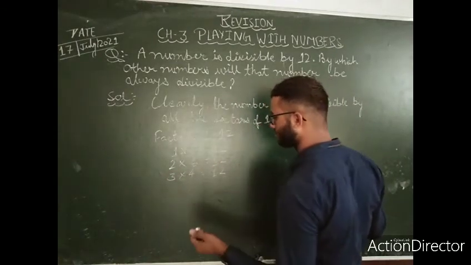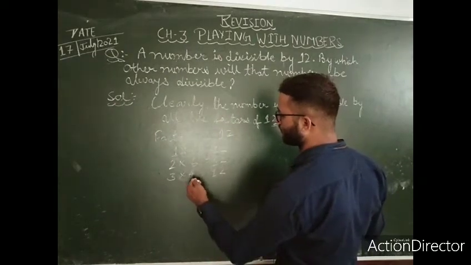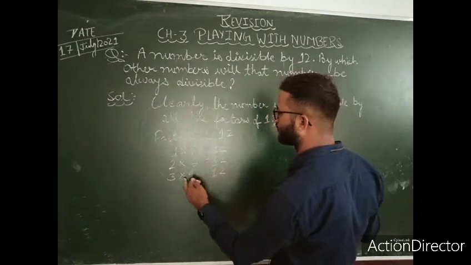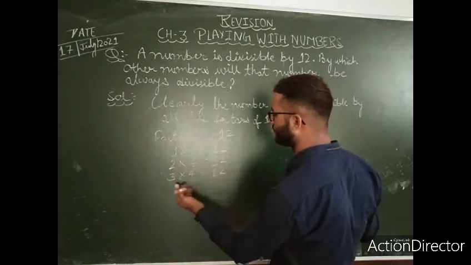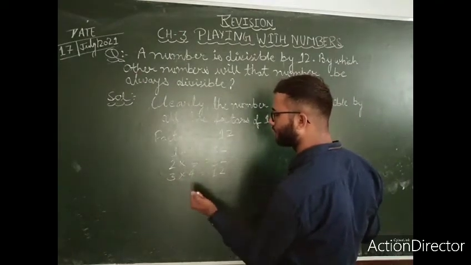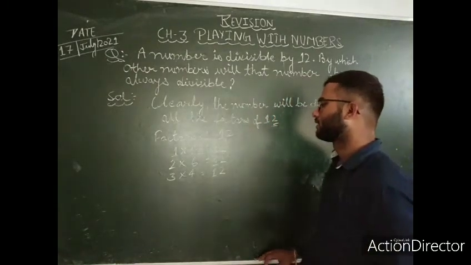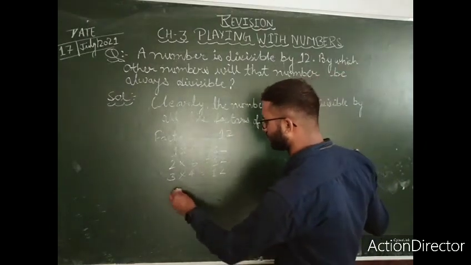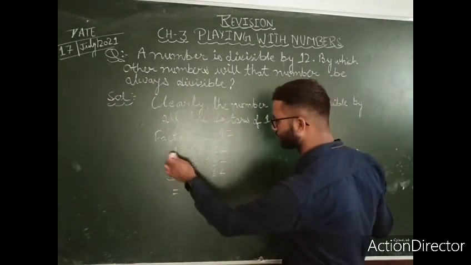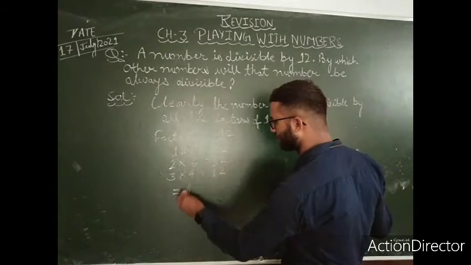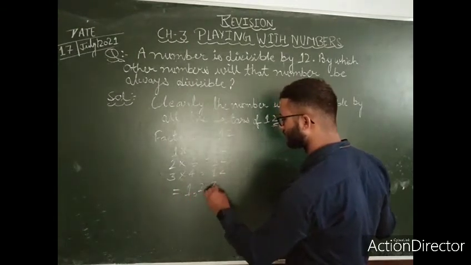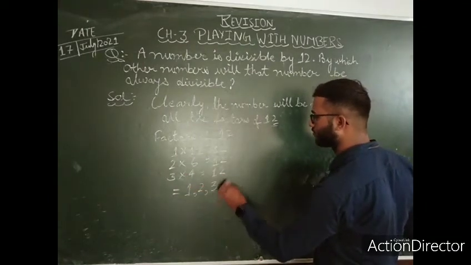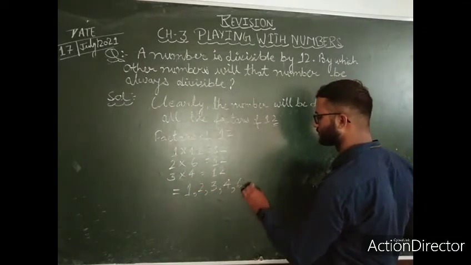Then this thing repeats again and again, because after 4 5s, 12 does not come in the table of 5, and only 6 2s are 12, so we do not repeat the factors of 12 again and again. So here we write 1, 2, 3, 4, 6, 12.